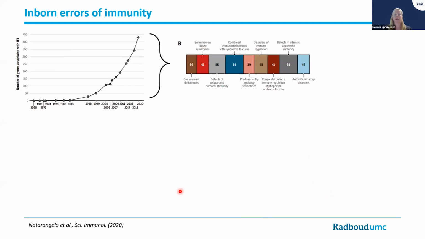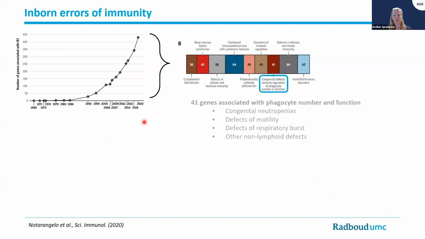So in the last years, increasing amounts of genes which are associated with inborn errors of immunity have been found. And if you divide them in subgroups, 41 genes are associated with phagocyte number and function. And these genes are associated with congenital neutropenia, defects of motility, defects of respiratory burst, or other non-lymphoid defects.